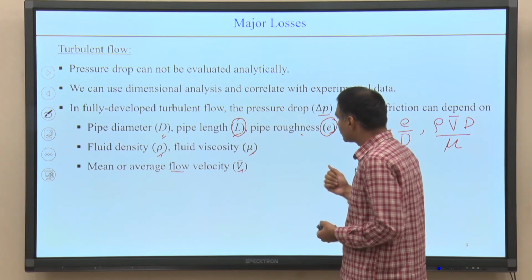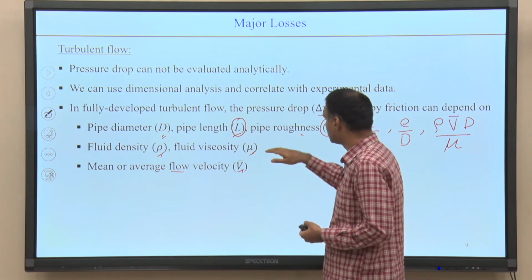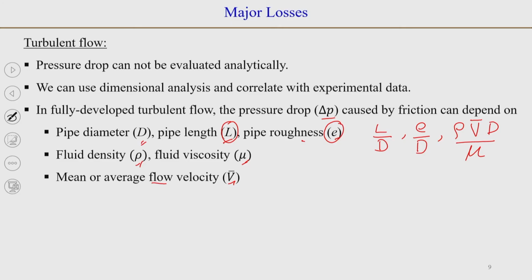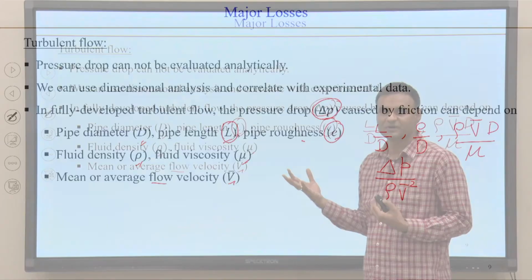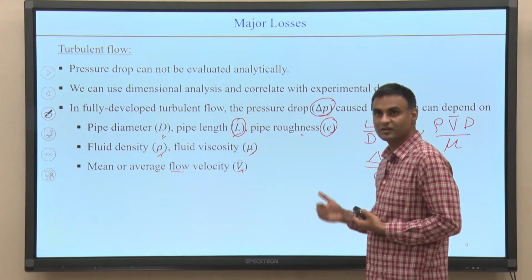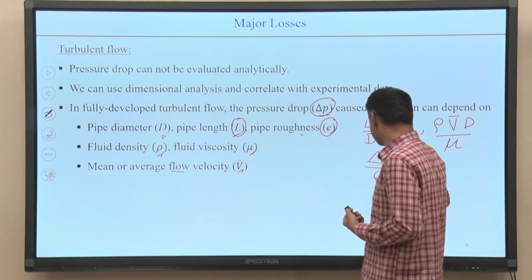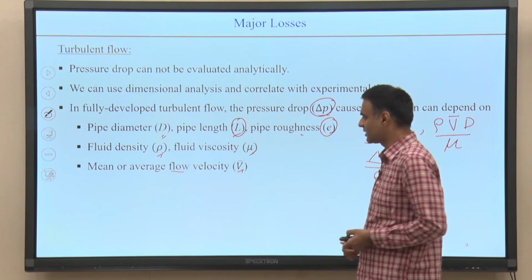Now, the last thing is we have covered all the dimensional quantities except delta P. When you non-dimensionalize delta P, you will have delta P by rho V bar squared. That is the dimensionless group, because we can non-dimensionalize with the dynamic pressure, so delta P is non-dimensionalized by rho V squared.